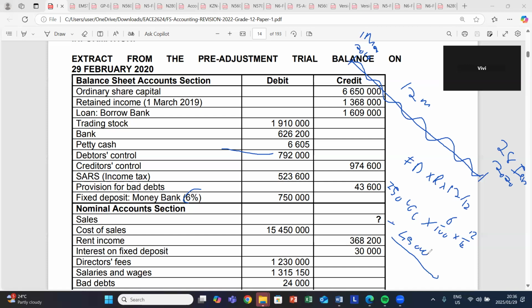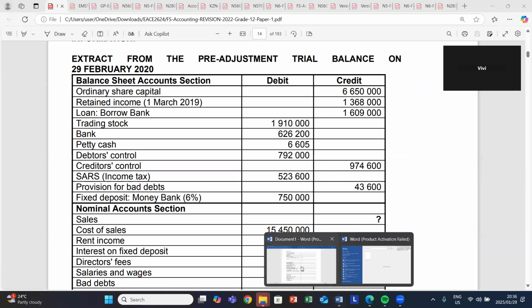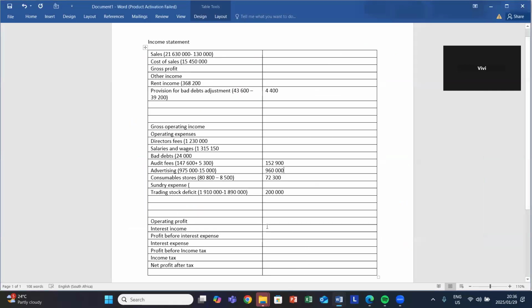This is your interest income, your final answer. Your interest income for this current financial year is 45,000 rand. So the interest income that we have earned will be 45,000 rand.